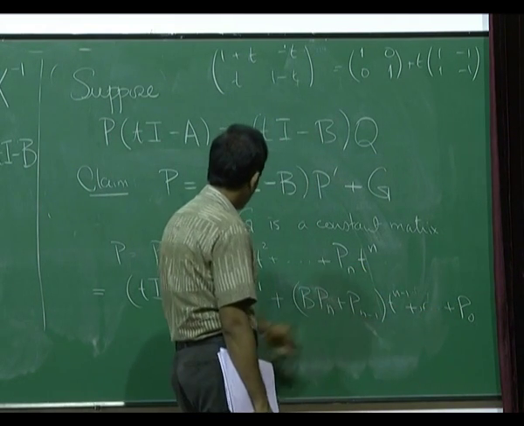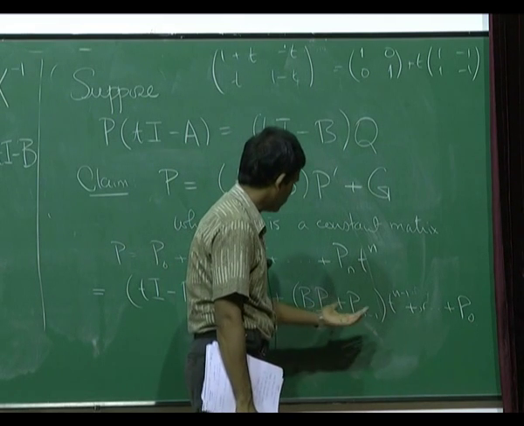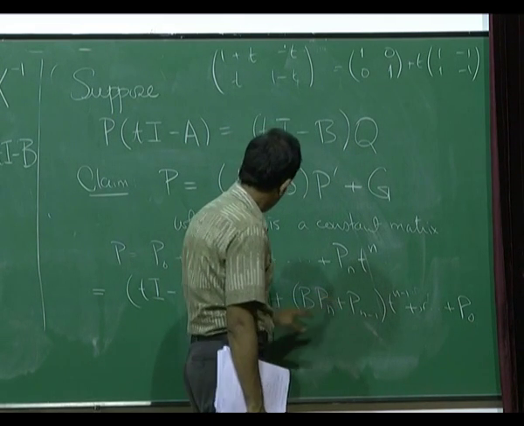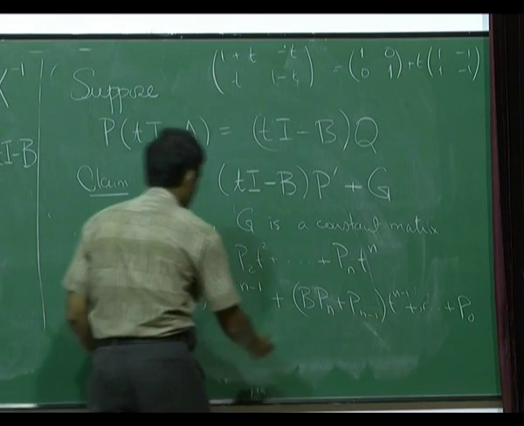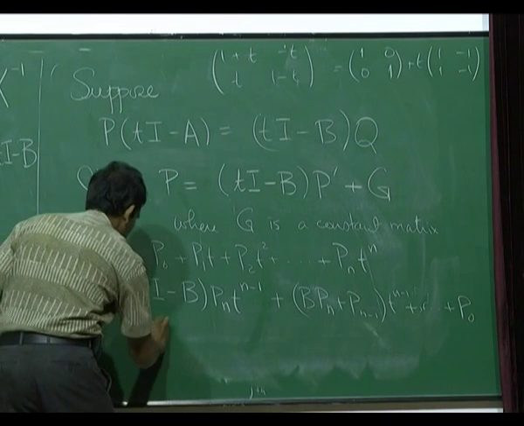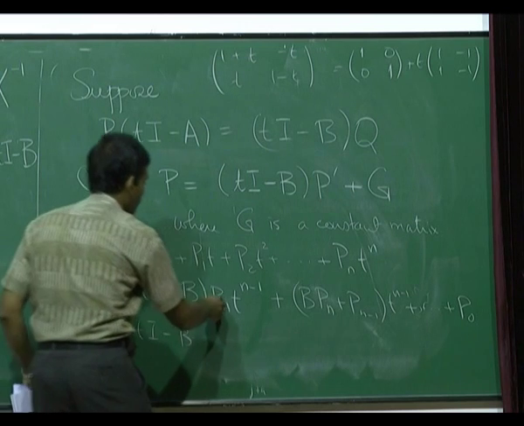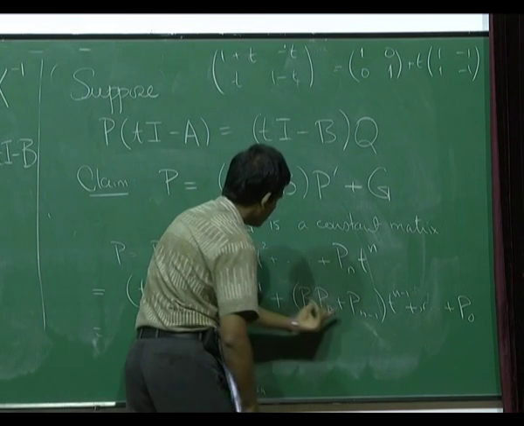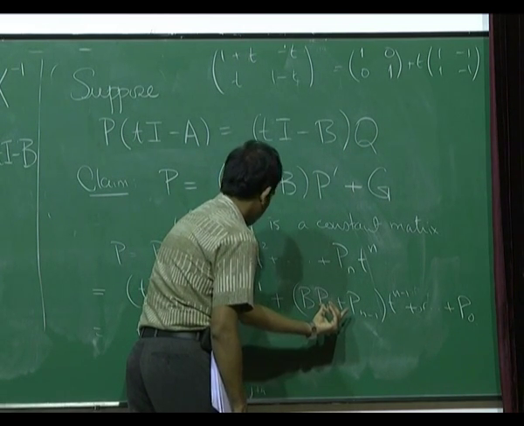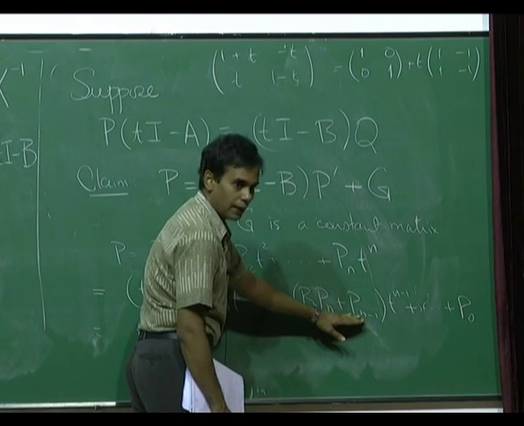And now I do the same kind of thing, or you can use induction if you like. At the next stage I will look at tI minus B. Now I have already taken P_n t. Here what should I do? I must take this thing times t to the power n minus 2.